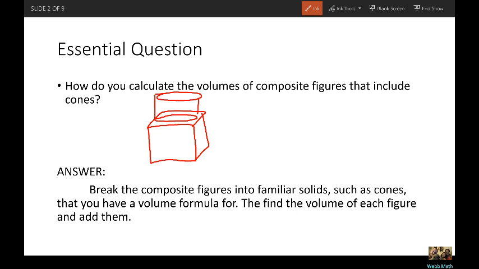And if you wanted to find the total volume of that composite figure, you would basically have to add up the volume of the cube plus the volume of the cylinder. Right? And that would be your total volume. Same thing here with cones. Of course, what is the formula for a cone? So let's find out.